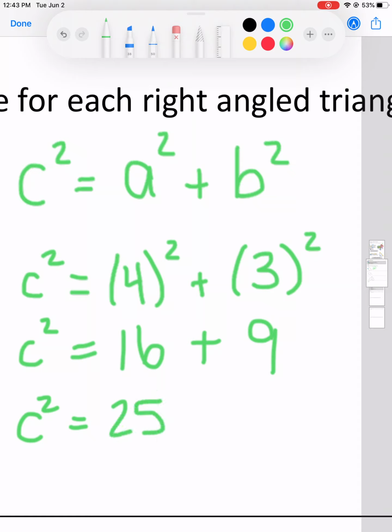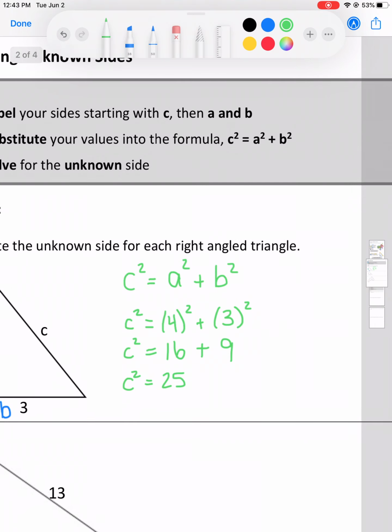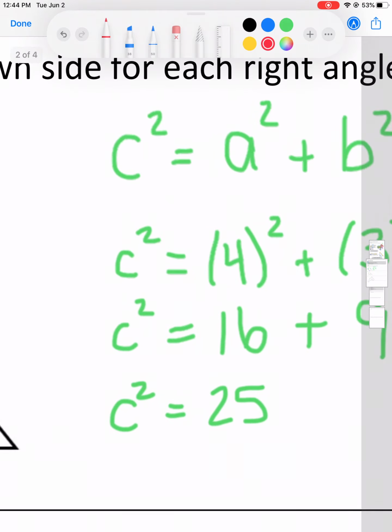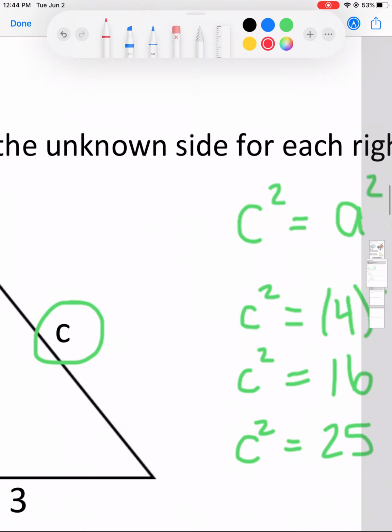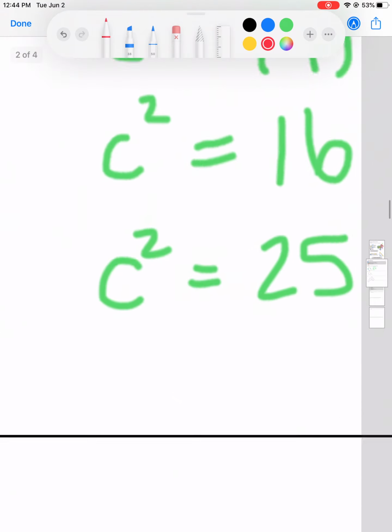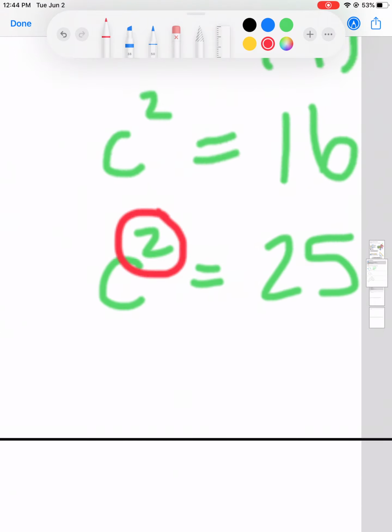So if we have this as a square, we would know that the area of this is 25. Okay? But we don't want c squared. We want c. So we need to get rid of this square.